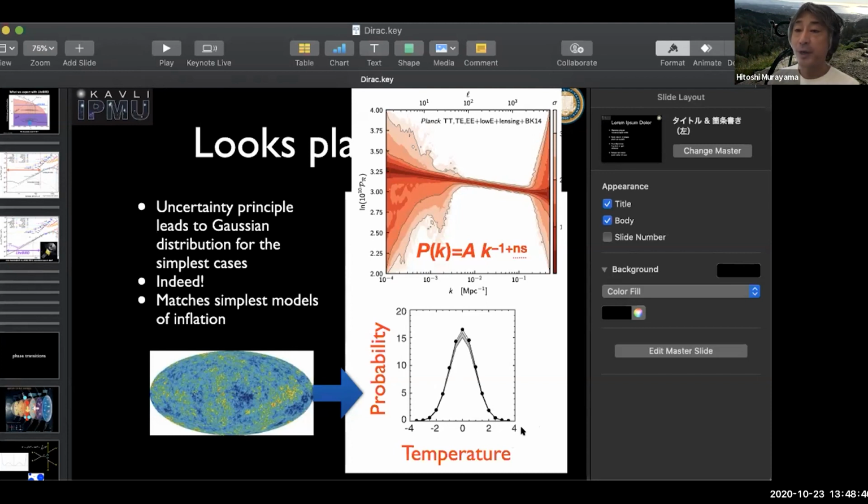In order to do this efficiently, people come up with a non-Gaussian distribution of fluctuation so that it has a longer tail at higher amplitude, for instance, to allow for the possibility that forming black holes is efficient enough for the purpose you like. So people come up with all kinds of more complicated inflation models to design both the amplitude of the fluctuation and also the distribution of the fluctuation. So you're completely right about that.